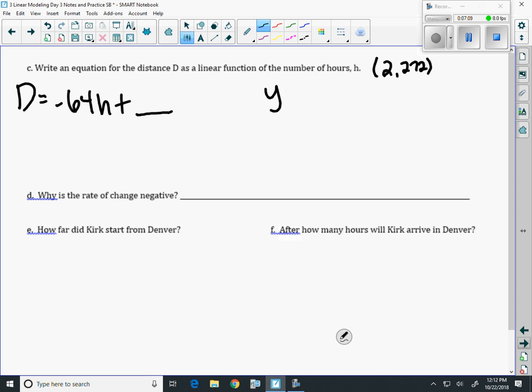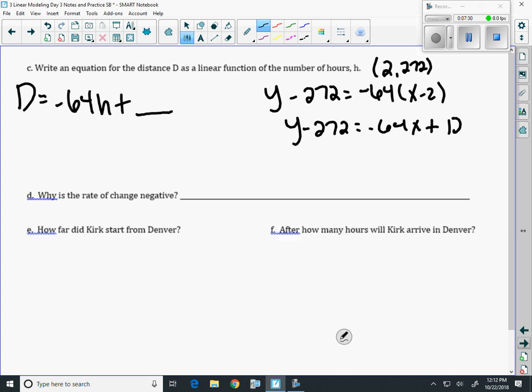All right, so I have y minus 272 equals m times x minus 2. So I use my point, put it in point slope form, and I'm going to rewrite. I'm going to distribute my negative 64, then add my 272 over.